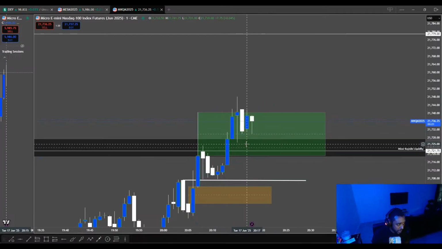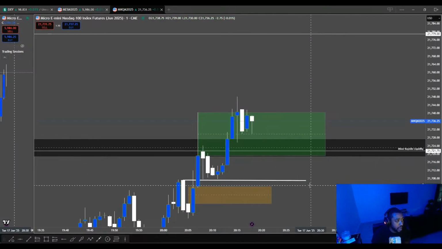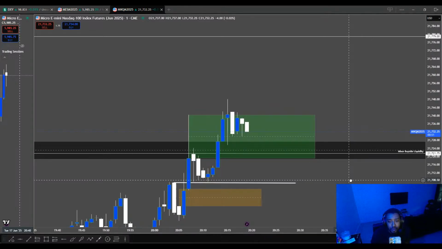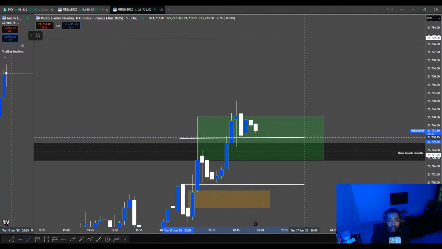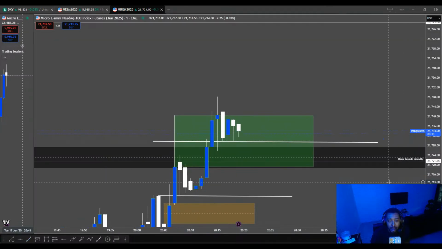But if you see it come down here and the bodies start closing in the lower half, if I'm bullish, that's something I don't want to see. So let's see if we get any body closures inside here.